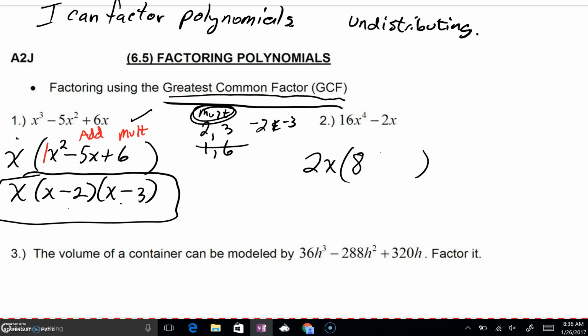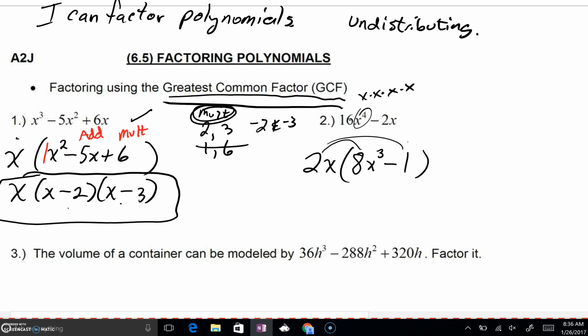We are dividing, right? Distributing is multiplying. Factoring out means divide. I had 4 x's in a row, like x times x times x times x, but I just took one of them away. I'll have x to the 3rd. What's left here when I factor that out? A 1. 2 divided by 2 is just a 1, and I've taken that x away. You could recheck by redistributing.